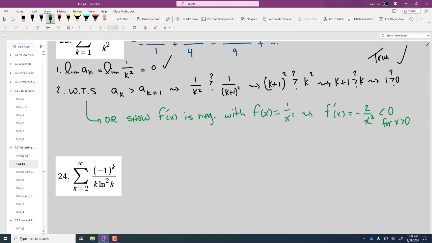So that's another way to do it. So therefore decreasing. There are some times where the algebraic method will cause you a lot of consternation, and it would be possible to just take a derivative and show it's negative. That also shows the sequence of terms is decreasing.